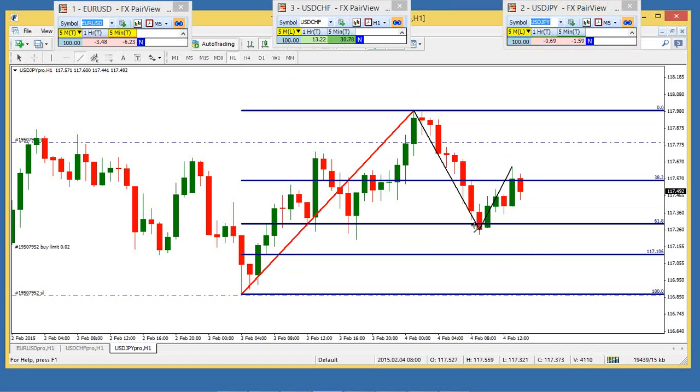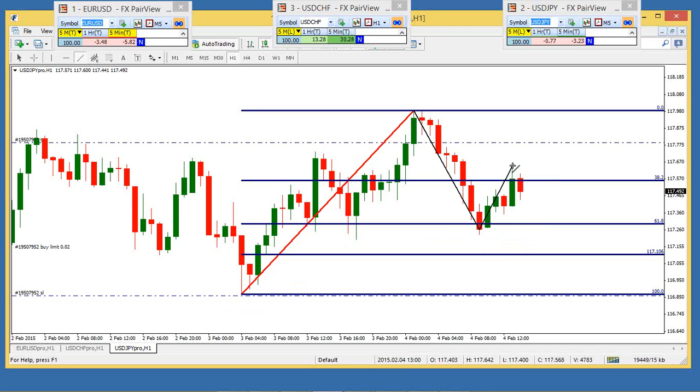This is what we call an A. The basic rules for a Gartley pattern: you need the A to retrace the impulse move of X to approximately 61.8%, which it did, ended right at about, that's the thing about trading, a little bit of discretion, about 61.8.